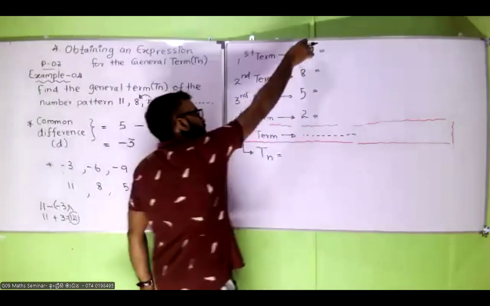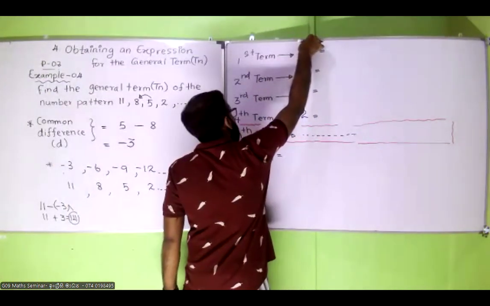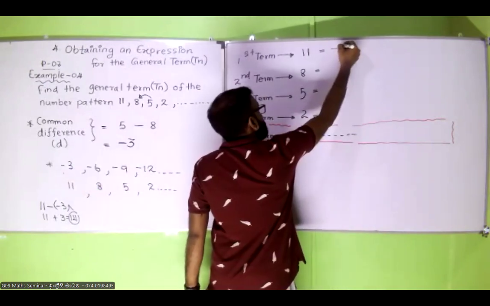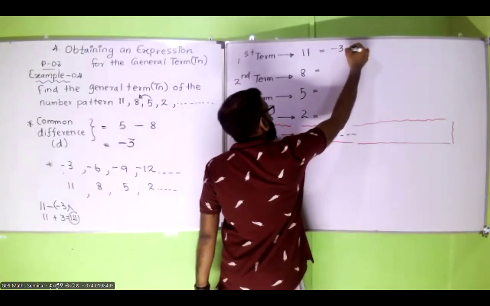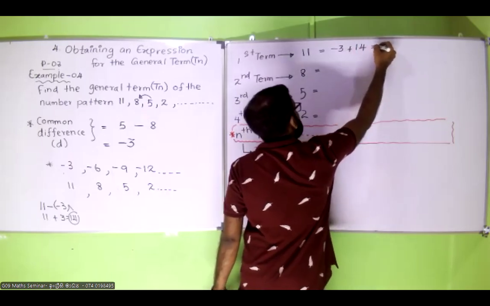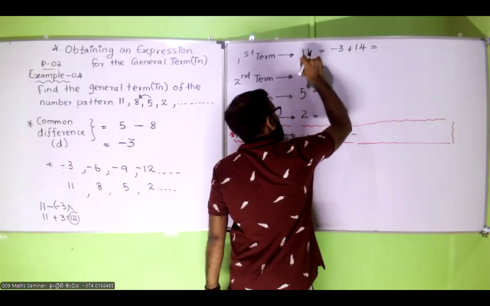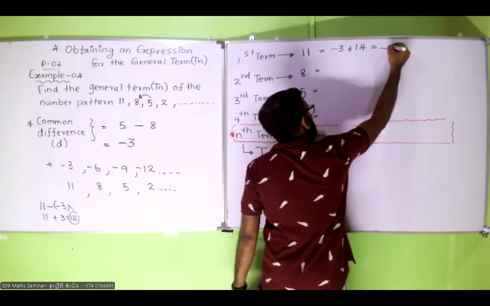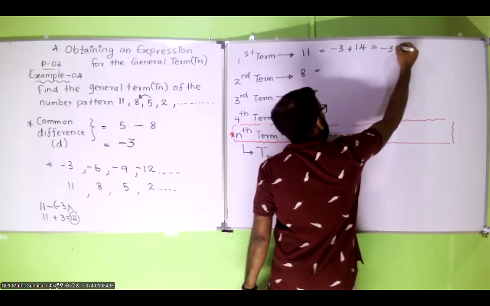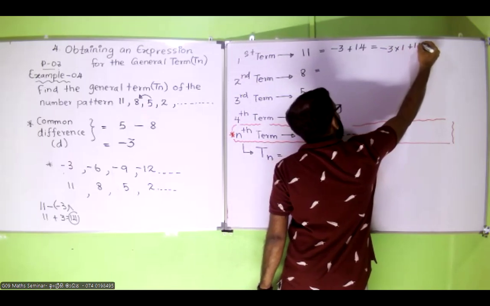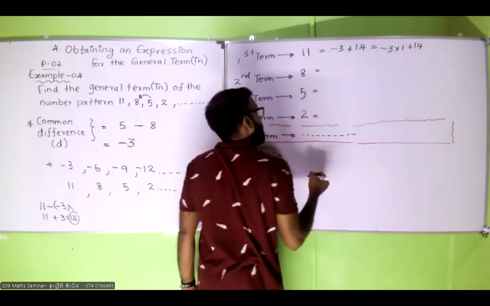So 11 can be obtained by using minus 3: minus 3 plus 14 equals 11. Minus 3 can be written as minus 3 times 1, plus 14.